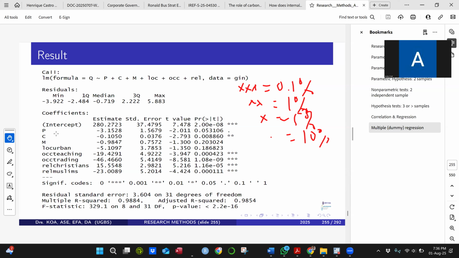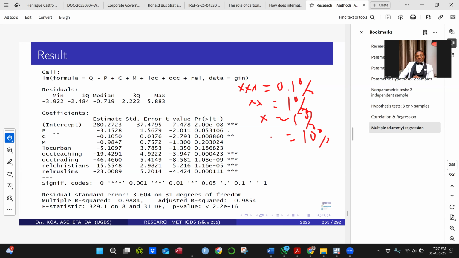Well, the point is that under exam conditions, I will not give you the stars. In the assignment, you will use the stars in your thesis, in your write-up, in your dissertation, in your long essays. You will need the stars, but I wouldn't give you the stars. But you should be able to know the stars. Now that I've given you the rules of the stars, they can easily be deduced just using the p-value.